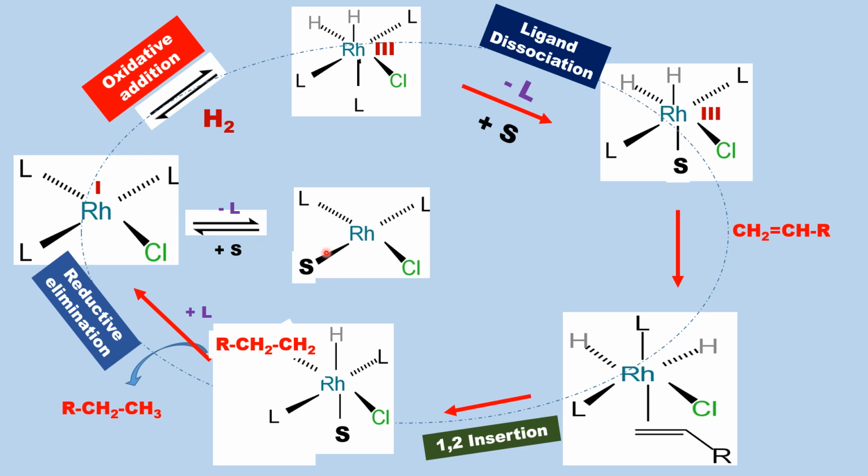One of the ligands is replaced by a loosely bound solvent molecule, and then it undergoes oxidative addition to reach this step. So there are two routes I can follow. So this is the complete cycle of Wilkinson catalyst.